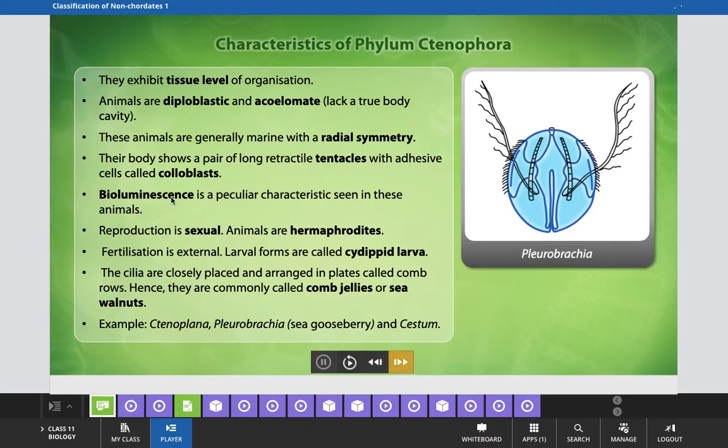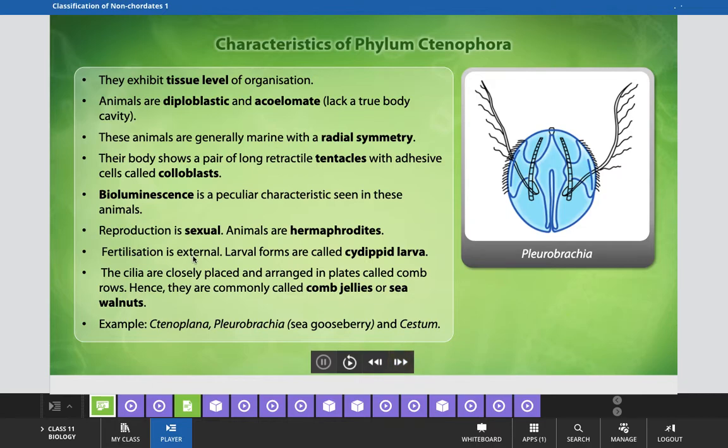What is bioluminescence? It means emission of light, or they are light emitting during the night time, due to which in the underwater sea you can see so many attractive worlds of different colored light. Reproduction is sexual in these animals. Animals are hermaphrodite, meaning both the reproductive parts, male and female, are present in the same animal.